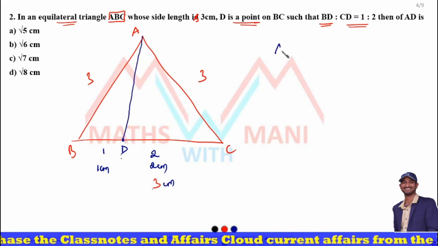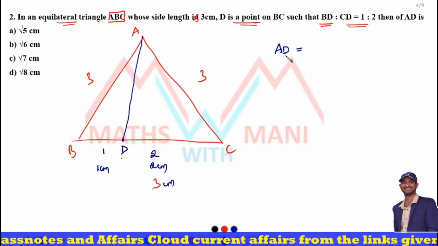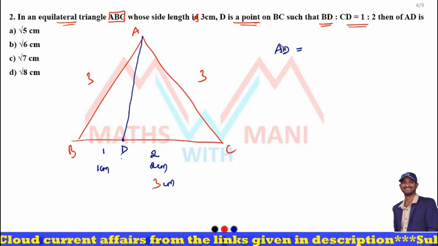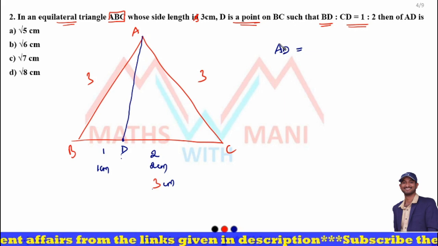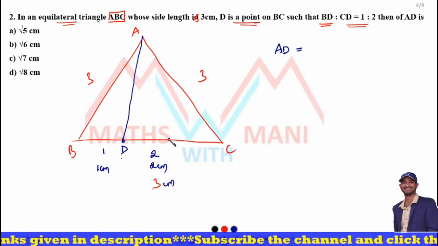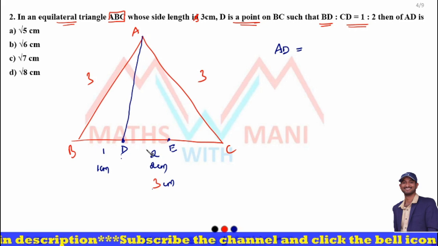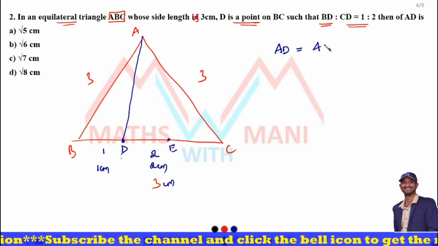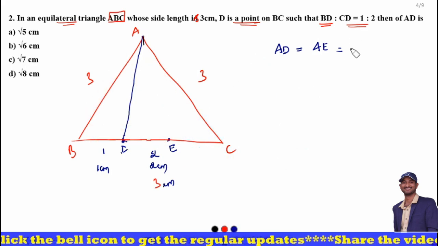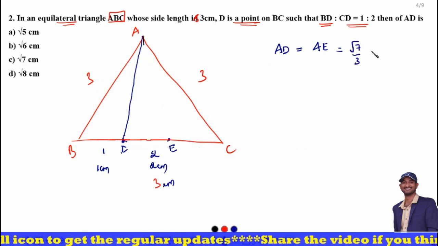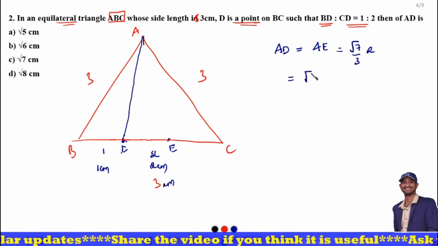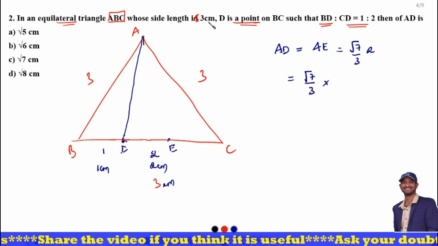AD length. If you watched my video of equilateral triangles, I made 2 or 3 videos on equilateral triangles. In that I told you, whenever there are two trisected points on the opposite side, then the length of AD or AE, both are equal to √7/3 into A, that is the side of the triangle.